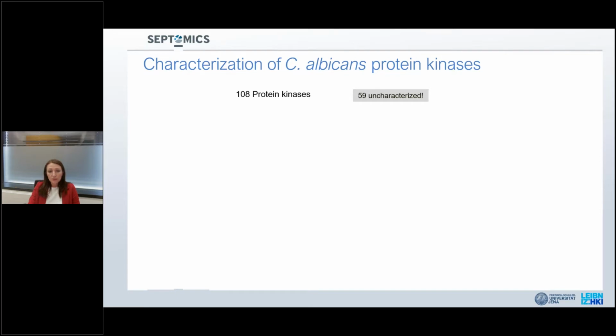We have duplicates for each kinase: 86 homozygous mutant strains and 25 heterozygous mutant strains of possibly essential protein kinases. We proceeded with manual phenotypic characterization of these mutants, especially the ones that have no known functions or characteristics in Candida albicans.